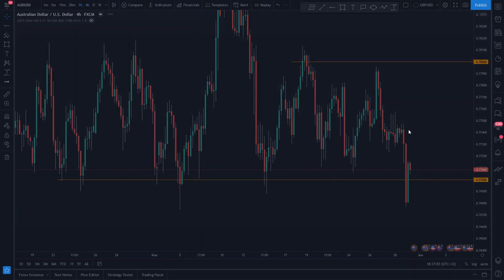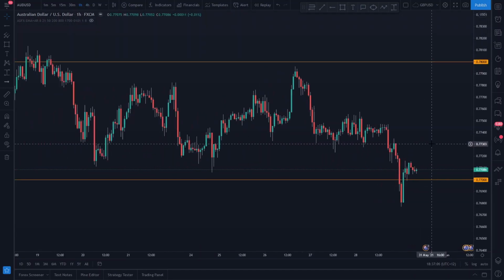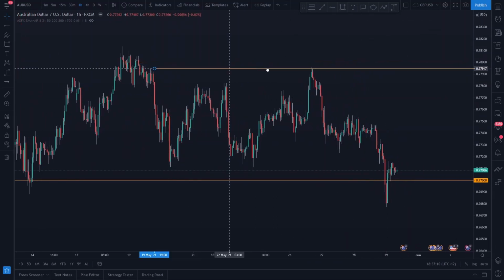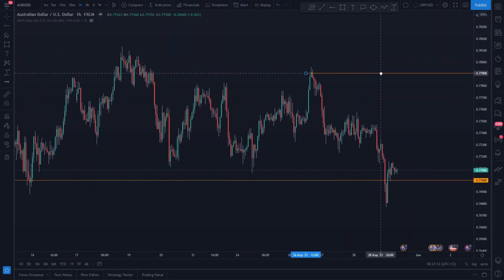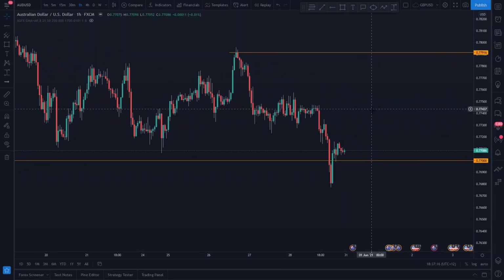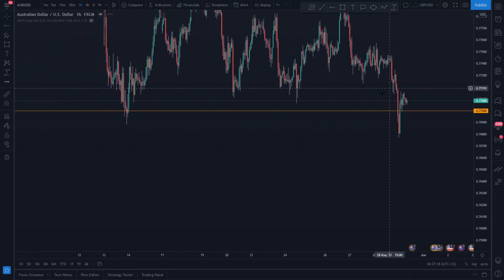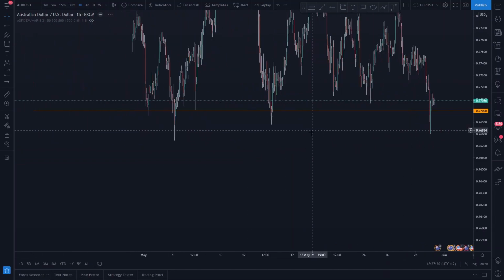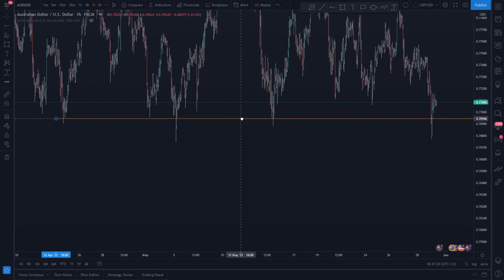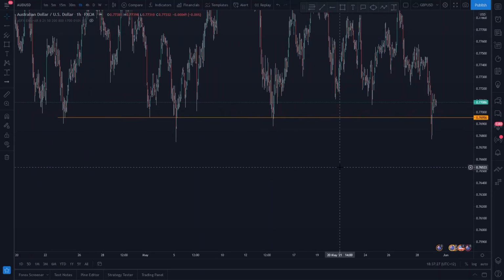Let's just drill down a bit. Let's go on hourly here. Okay, so I'm going to adjust my zones once again. There you go, on the hourly. Let's adjust the zones a bit more.